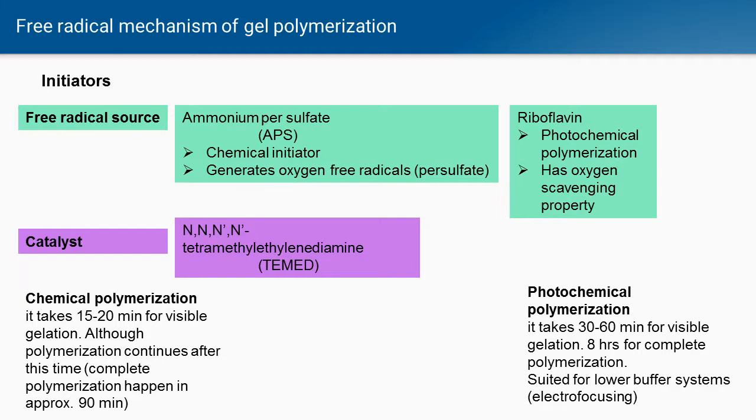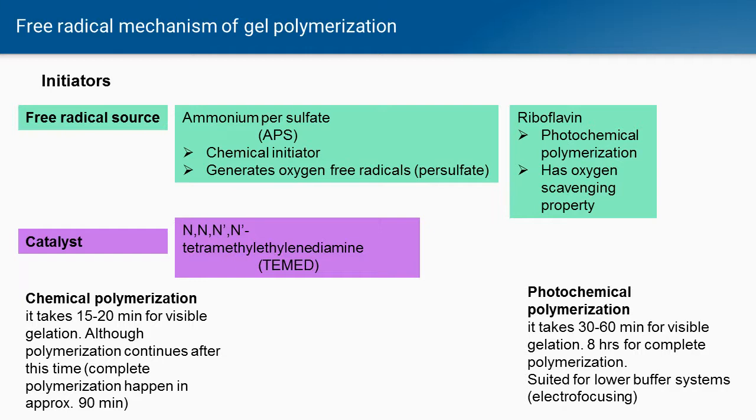Photochemical polymerization is suited for low buffer systems like electrofocusing, where the protein gets separated according to its isoelectric point. The gel has a pH gradient, meaning the pH changes at every point. For that system, riboflavin or photochemical polymerization is much more suited. Why are TEMED and APS not suited?